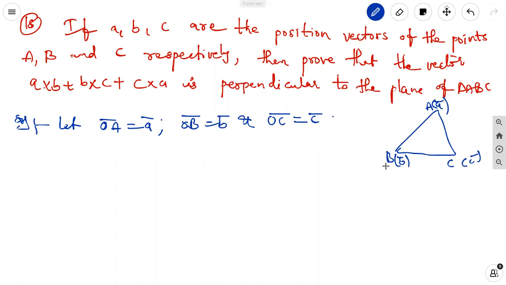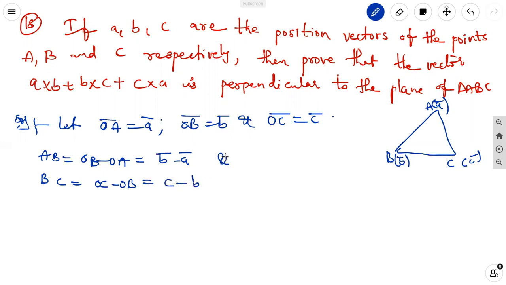Next we can find the sides: AB is equal to OB minus OA, it is equal to B minus A. BC equal to OC minus OB, that is equal to C minus B, and AC is equal to OC minus OA, it is equal to C minus A.